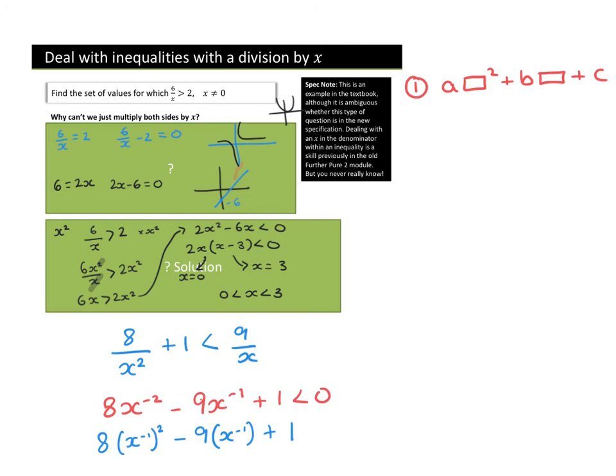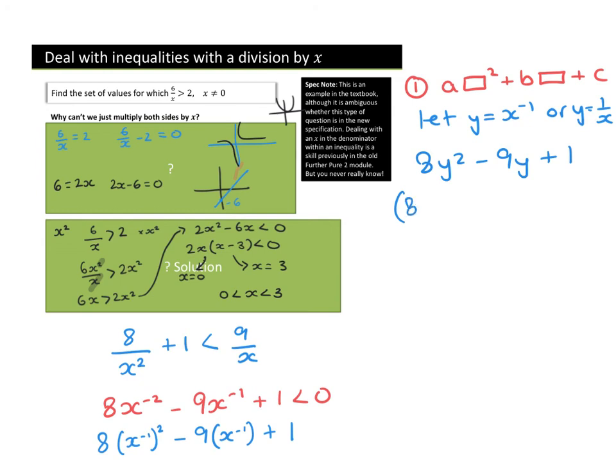So, we could solve it like a hidden quadratic. We could let y equal x to the minus 1, or y equals 1 over x, because x to the minus 1 equals 1 over x. I'm going to use substitution, so I'm actually going to get 8y squared minus 9y plus 1.